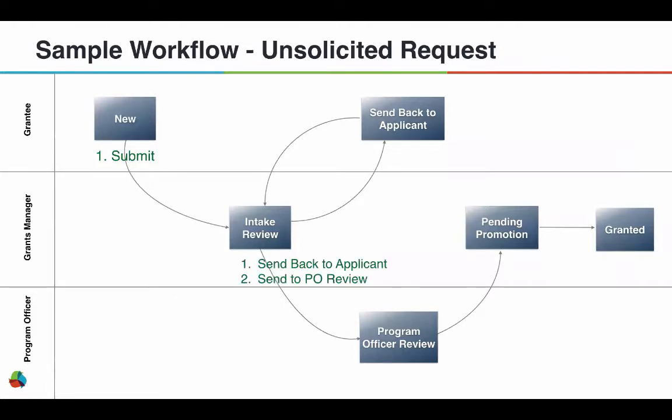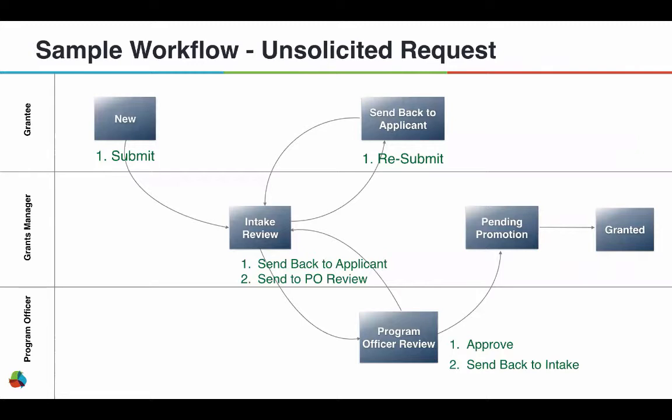If the request goes back to the applicant, they will need the ability to resubmit. Or if the request goes to the program officer, they'll need the ability to approve. But perhaps they'll need to send it back to the intake review.